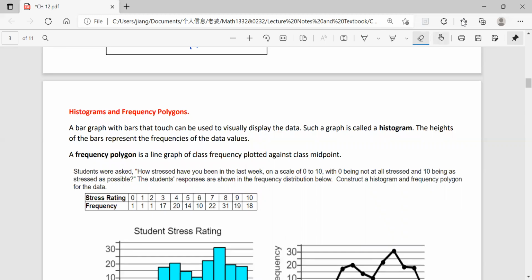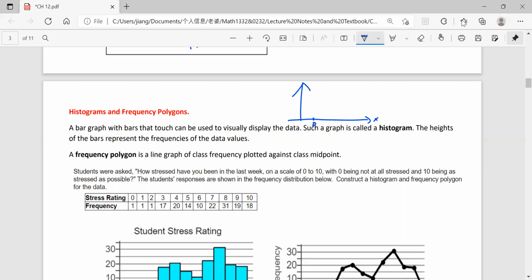So how to make the histogram? For example, we can make an XY axis. The X axis can represent hours you studied per day. For example, I asked my students, how many hours do you study each day?